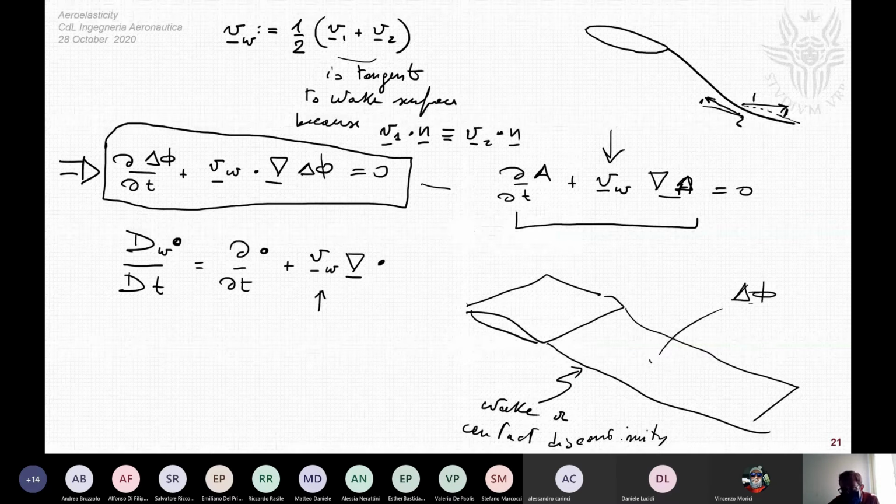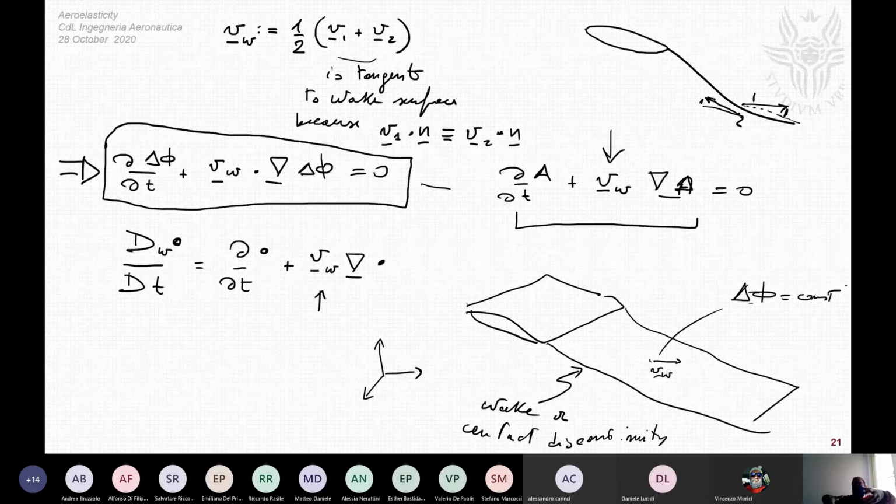If you move on the wake with this velocity, this is an absolute velocity. When we take the gradient of phi, we have the absolute velocity of the fluid, and here with v wake we are taking the average of upper and lower. If you move at this point with the velocity v wake, delta phi is constant.